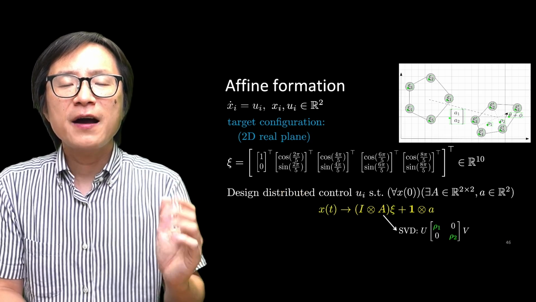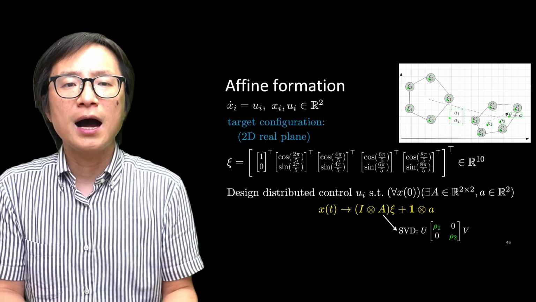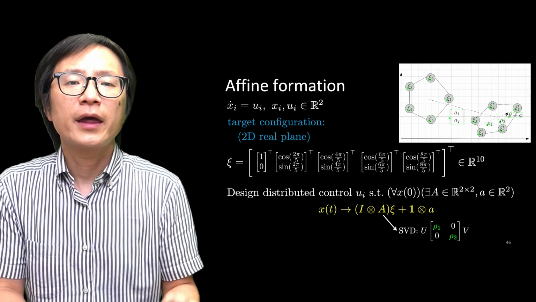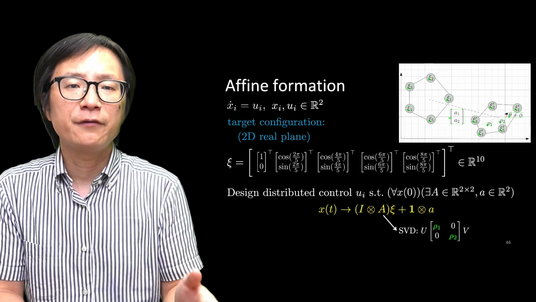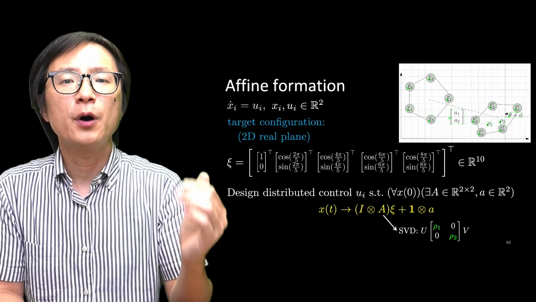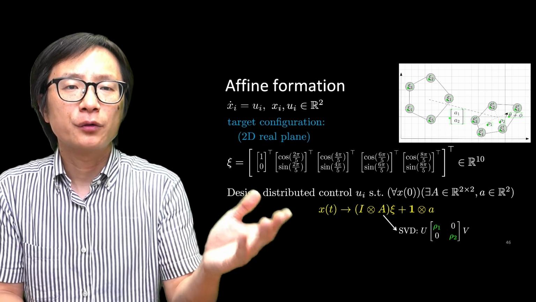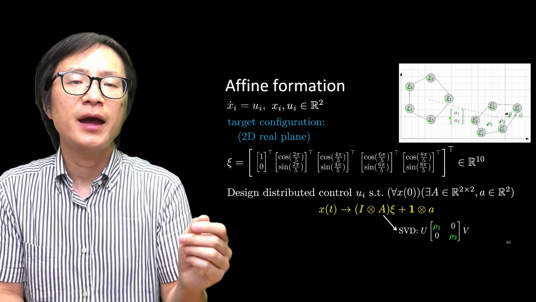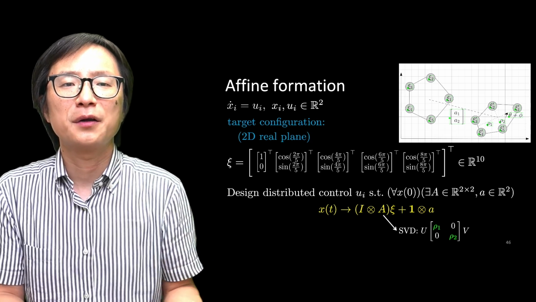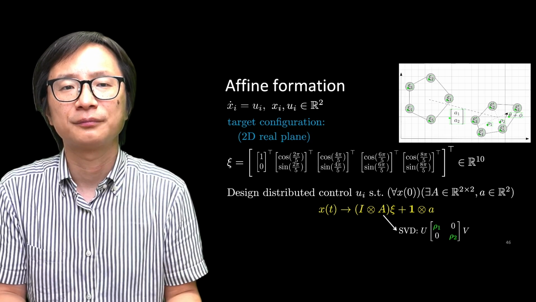Then the affine formation control problem is to design distributed control u_i such that it doesn't matter where the agents start, they always converge to a formation that can be obtained from the target configuration by translation, rotations U and V, and scalings rho 1, rho 2, two different scaling ratios that can be applied to two different axes.